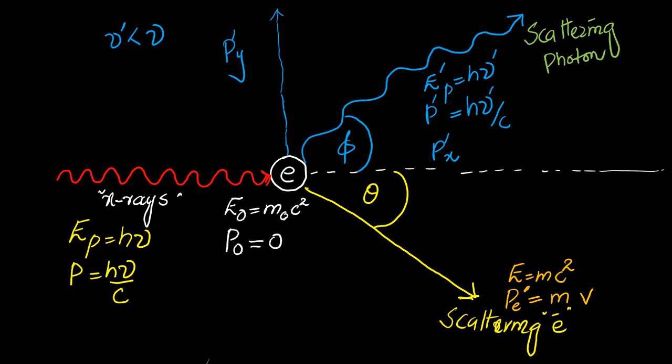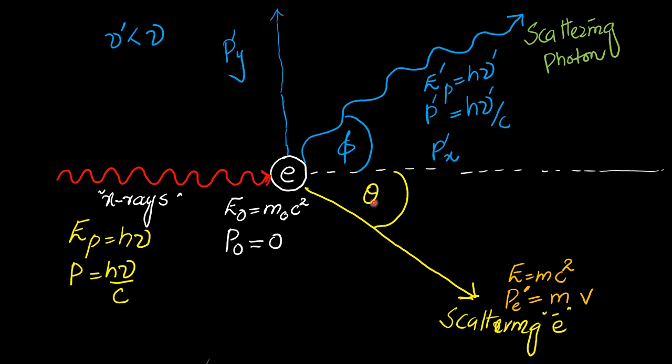Since momentum is a vector quantity, the momentum of the scattered photon will be resolved into an x component and a y component. So the momentum of the scattered photon along the x-axis will be p dash x, and along the y-axis it will be p dash y.